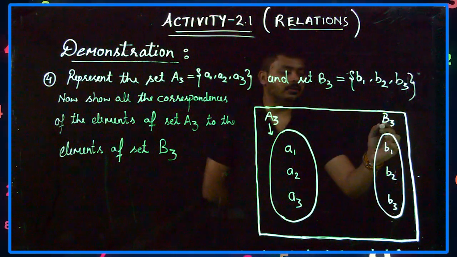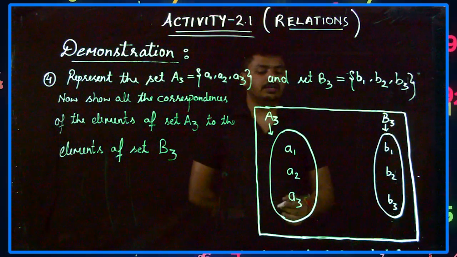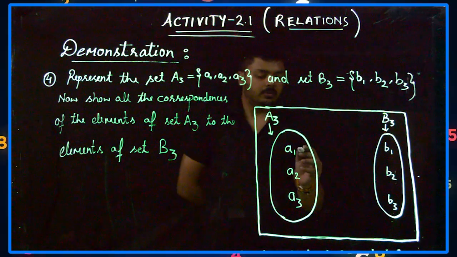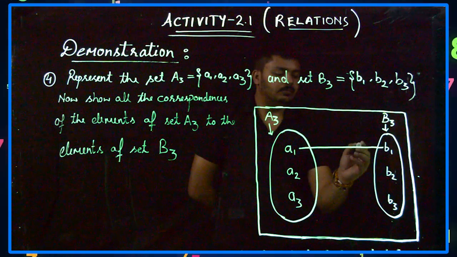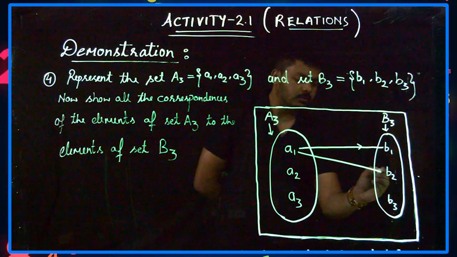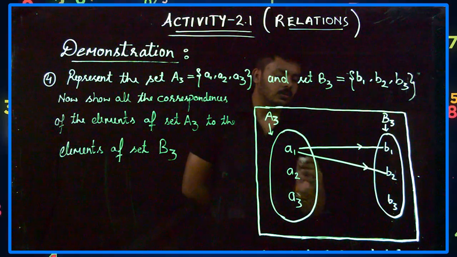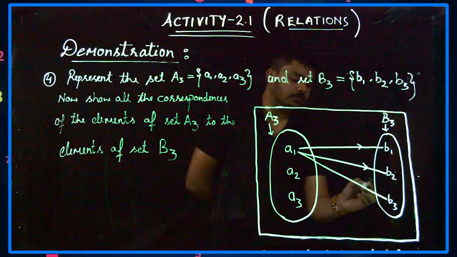Now let's establish the relation between the elements of set A3 and B3. So A1 is to B1, A1 is to B2 and A1 to B3.